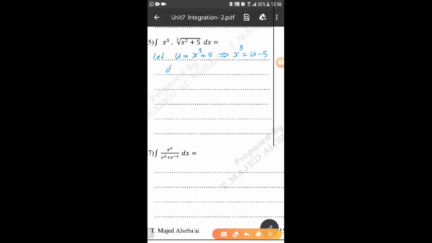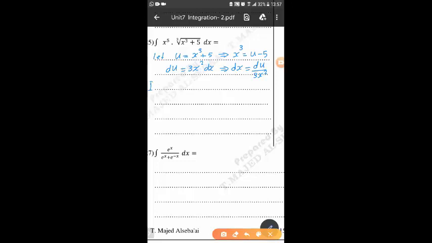du equals 3x squared dx, right? This is the differentiation. That means dx equals du over 3x squared. Okay?